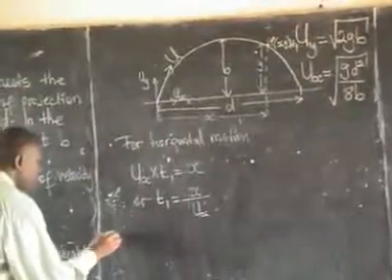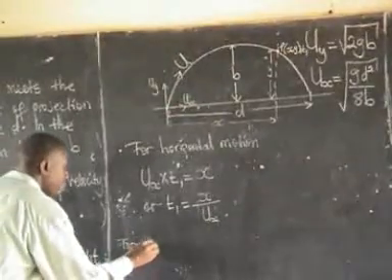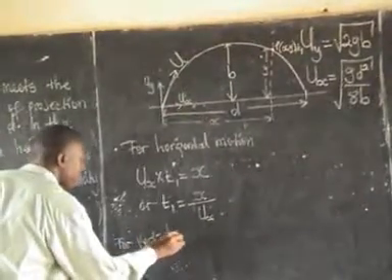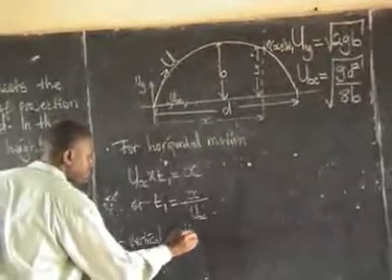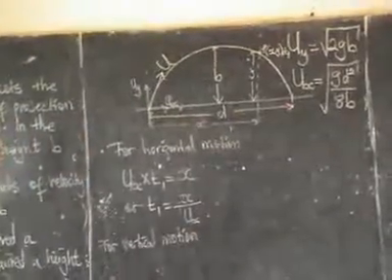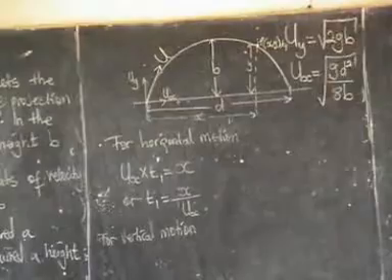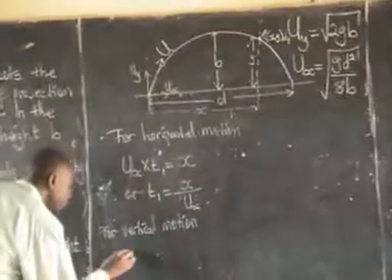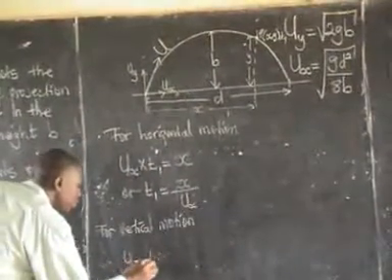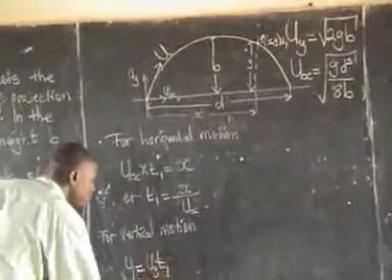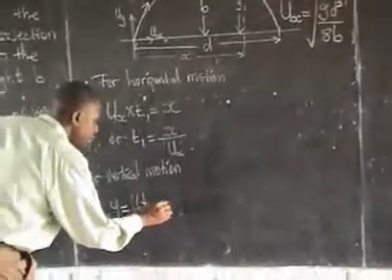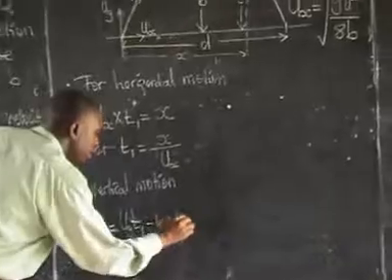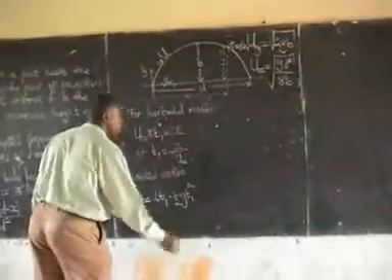So for vertical motion, we shall be having y is equal to Uy t1 minus a half g t1 squared.